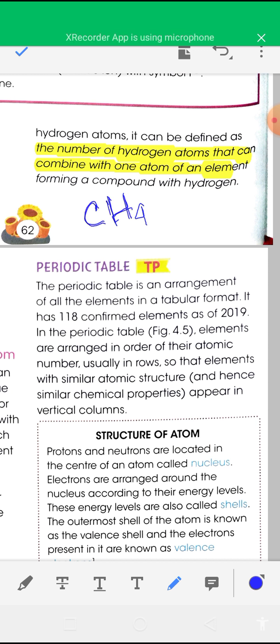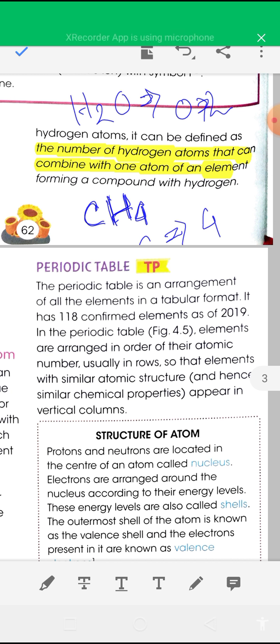So 4 hydrogen atoms are joined with one carbon atom. So in methane, the valency of carbon is 4. Similarly, in water, H2O, one oxygen is attached with 2 hydrogens. So the valency of oxygen is 2. So valency is equal to the number of hydrogen atoms directly attached with one atom of that element.